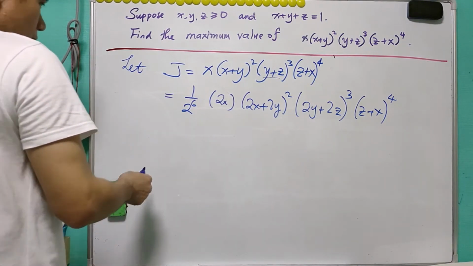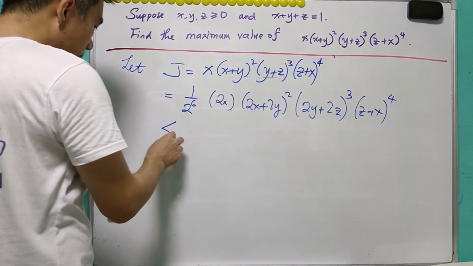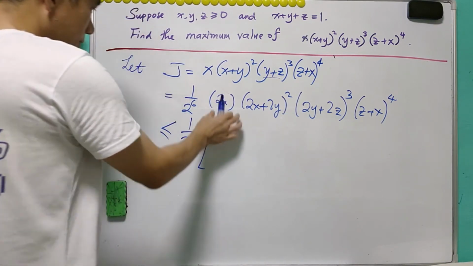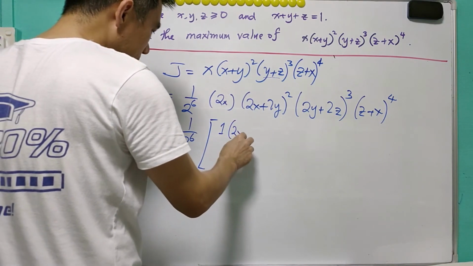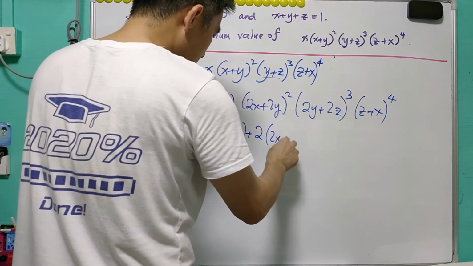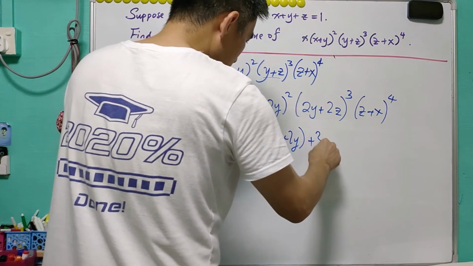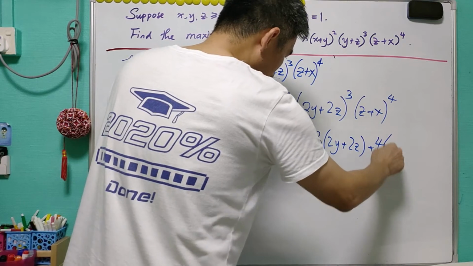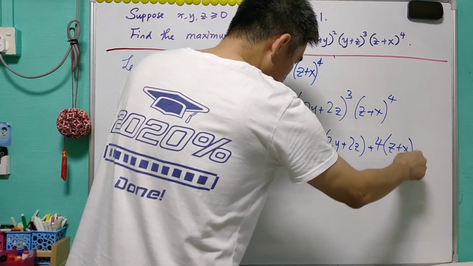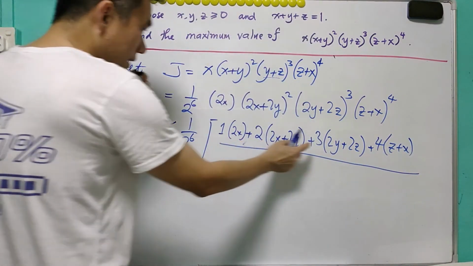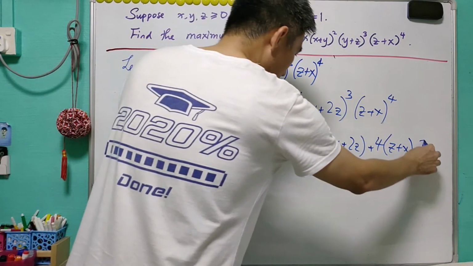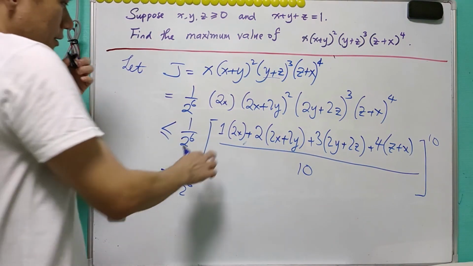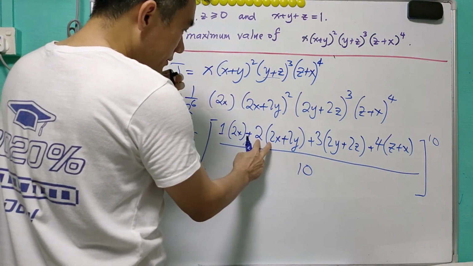Based on the AM-GM inequality, this will be less than or equal to 1 over 2 to the power 6, then 1 of 2x plus 2 of 2x plus 2y plus 3 of 2y plus 2z plus 4 of z plus x, over 10, because there are 10 terms, then to the power of 10. Do some calculation, then we'll see that there are 2x, 4x, 4x.